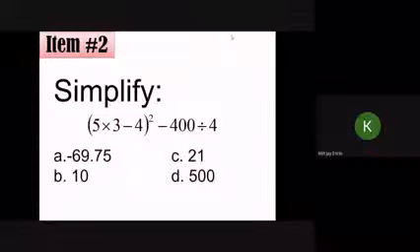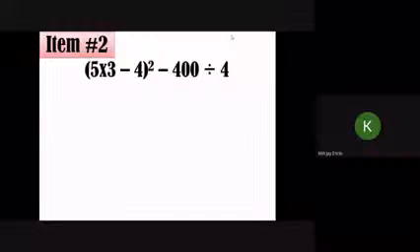We'll see. Now, if you have this expression, then we need to make use of the GEMDAS rule. G stands for grouping, exponent, multiplication, division, addition, and subtraction. We usually do this in order from left to right, whenever they are present.